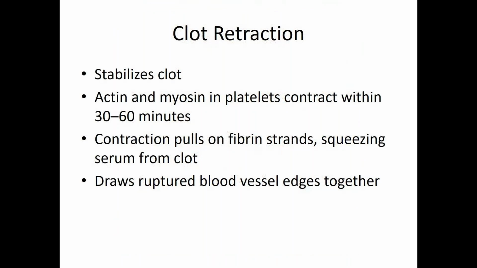At this point, we're going to begin what we call clot retraction. So we form this fibrin net, and there's plasma and blood cells and just stuff in there. Not exactly what you would call stable, clotty, scabby stuff.